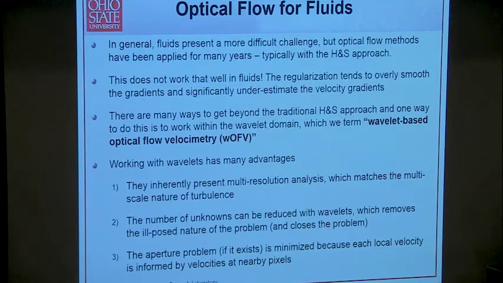We can actually close the problem even without regularization, just by truncating the wavelets, and I'll talk about that. And if the aperture problem exists, it doesn't exist in all flow fields, and it's minimized, because a wavelet is kind of like a very high order polynomial. Each local velocity is informed by velocities at nearby pixels, so every local solution gets a lot of information from its neighbors around it.